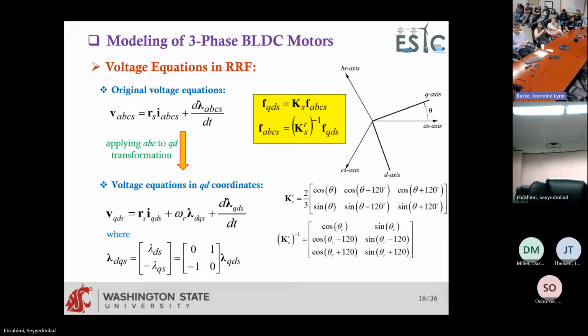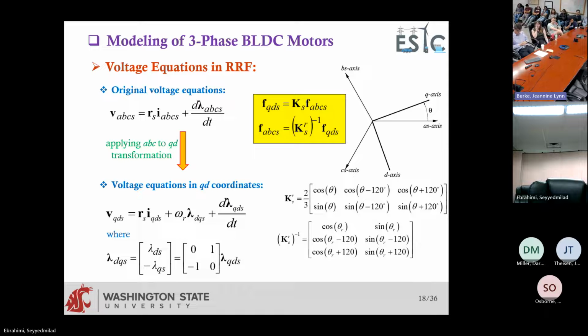The way we do the transformations is that if I multiply the ABC variables with a transformation matrix, which looks like this, everything that I have in ABC coordinates will be moved to QD coordinates. In the QD coordinates, all the AC variables become DC because that frame also rotates with the same speed, so the projection will always be a constant.